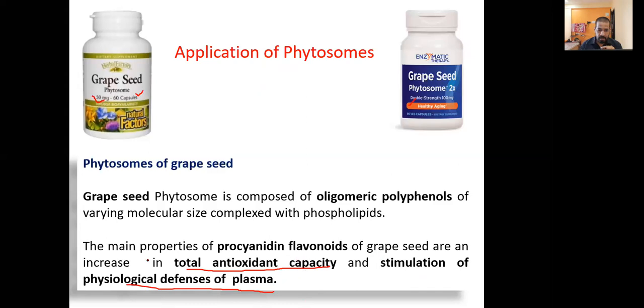Now this is important because whenever the term flavonoid is there, it always has antioxidant capacity, and therefore the phytosomes of grape seed also show antioxidant capacity.